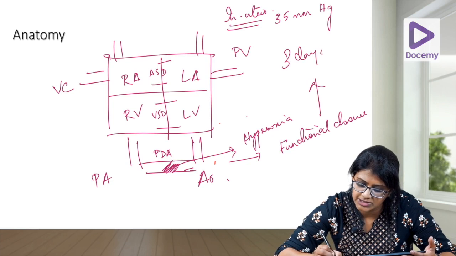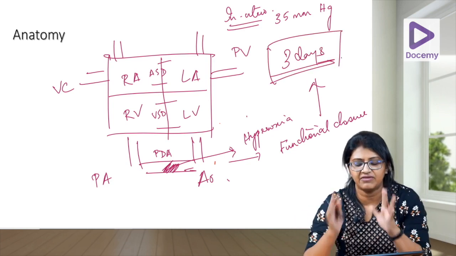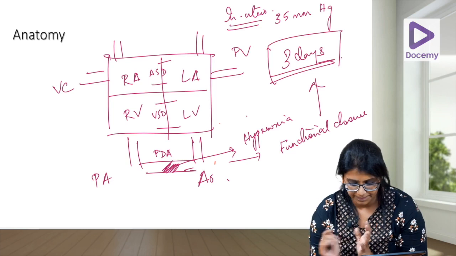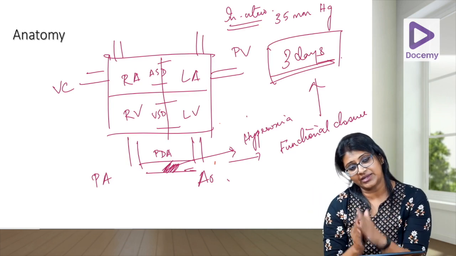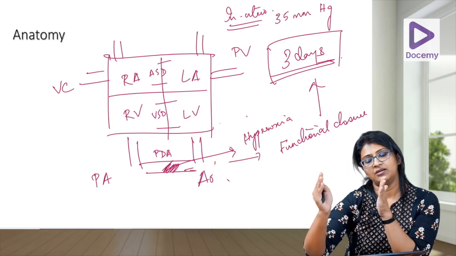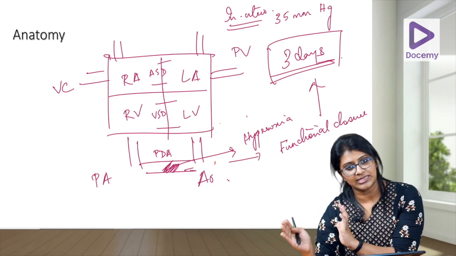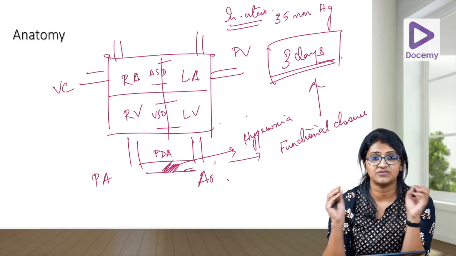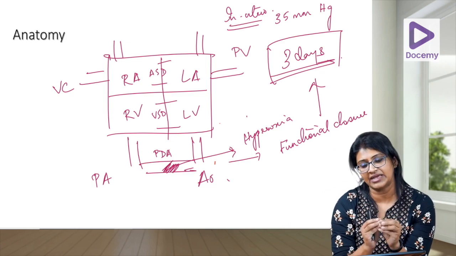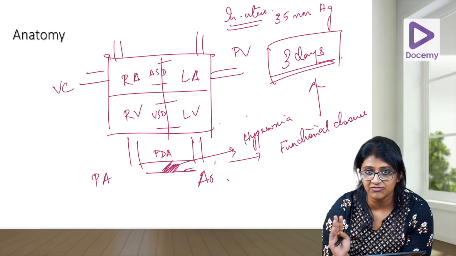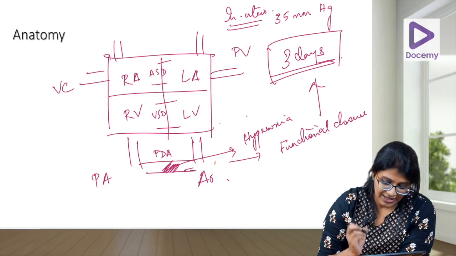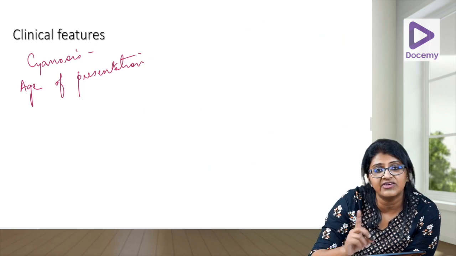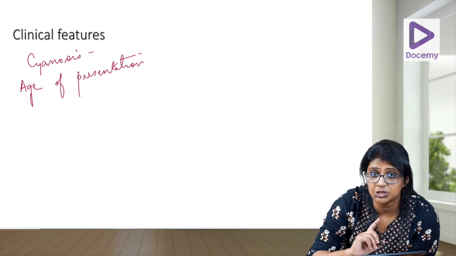So it's around 72 hours of life, and this is a very, very important number for us to remember. This PDA will completely close, I mean anatomically close, between 2 weeks and 4 weeks of life. It can go up to 6 weeks, but that fibrosis and closure of the PDA will happen by at least a month of age. But this functional closure usually will happen by 3 days. And this 3 days becomes a very significant thing as far as age of presentation goes.